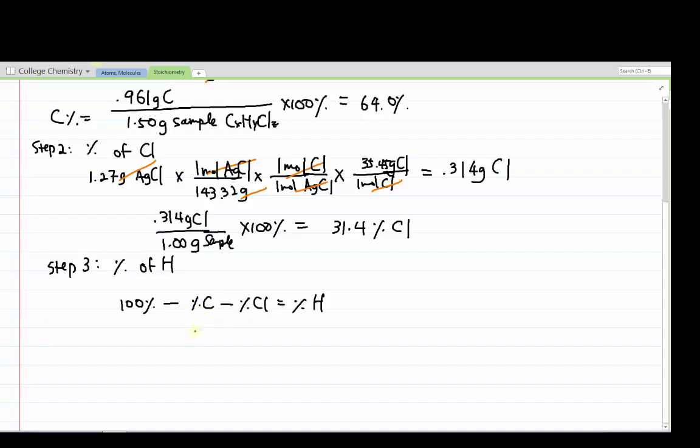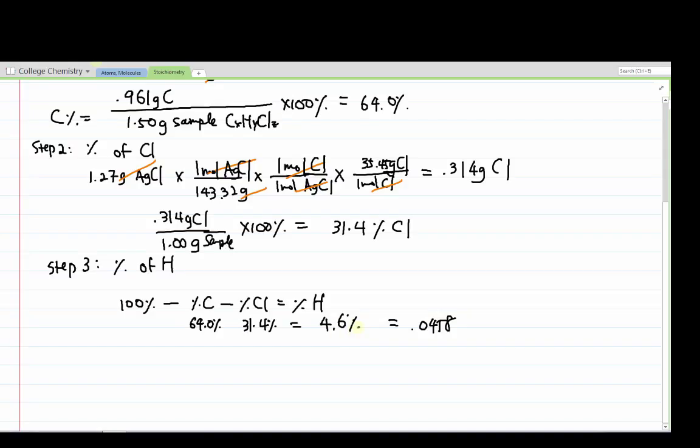That was 64%, and that was 31.4%, and you get 4.6%. If I keep a few more decimals, it should be 4.58, but it's okay if you keep it to 2 digits.